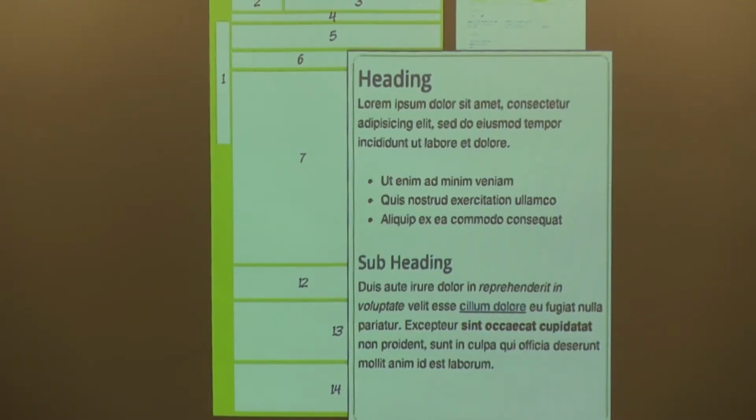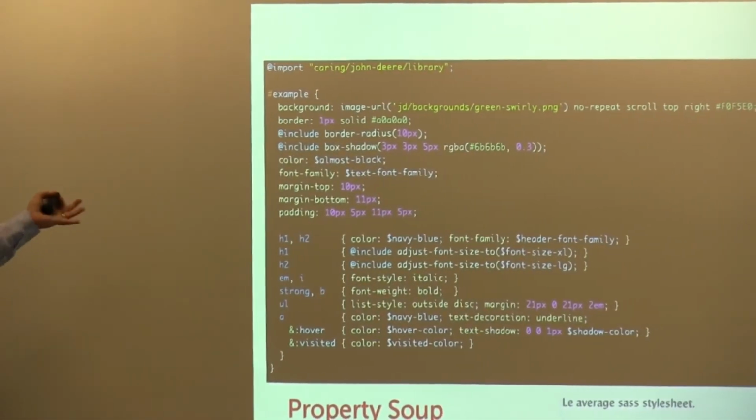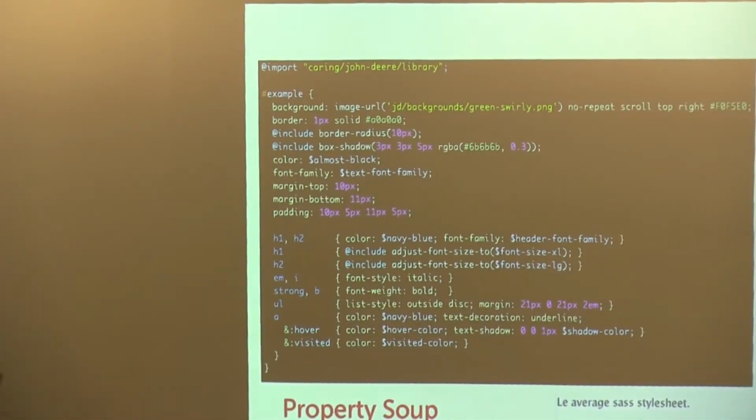Oftentimes we're coming to something that already exists, and more often than not, because we start with these things in our main application styles, they're kind of all jumbled up. And so actually here is this CSS or the Sass code that I wrote to build that widget. And this is great Sass code. I wrote it, so it must be.